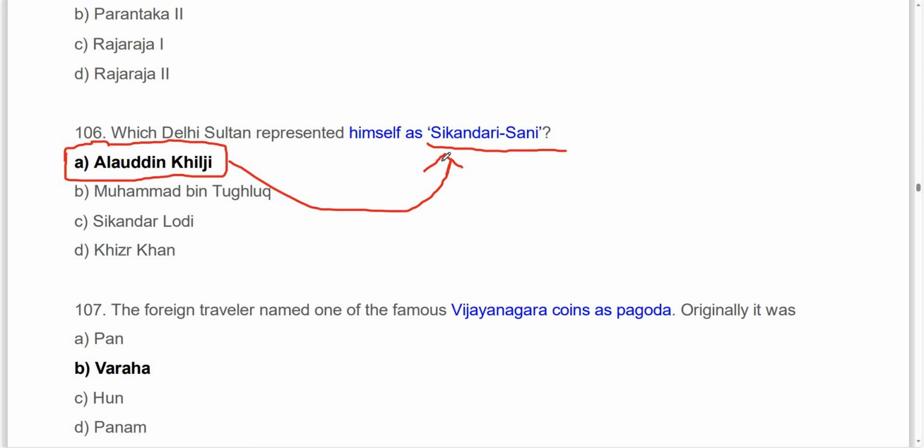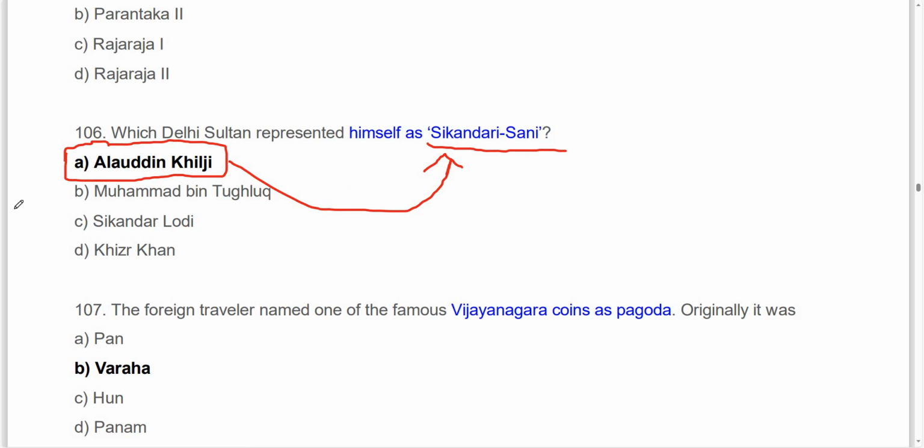In India, Alexander was referred to as Sikandar. He wanted to step into the shoes of Alexander. So Sikandar-i-Sani, Delhi Sultanate, Alauddin Khilji.